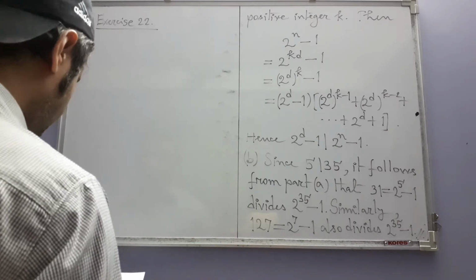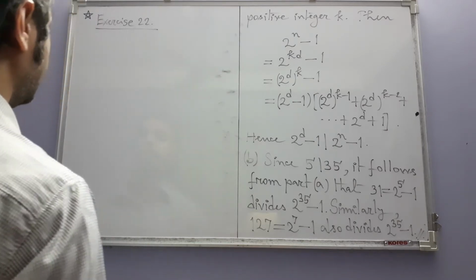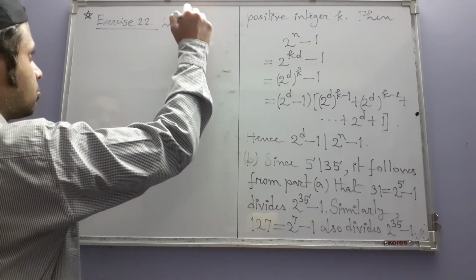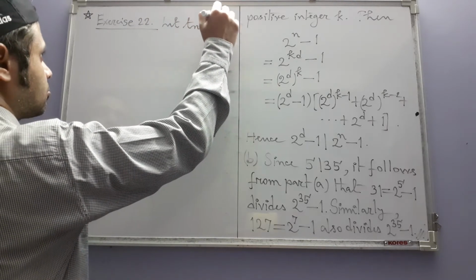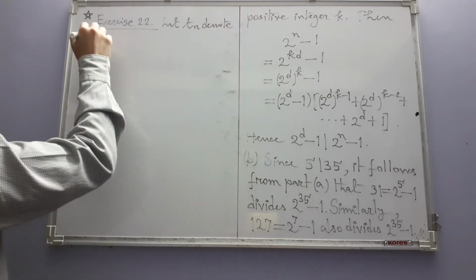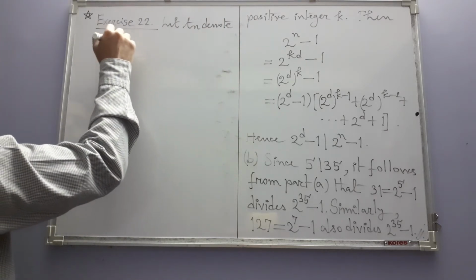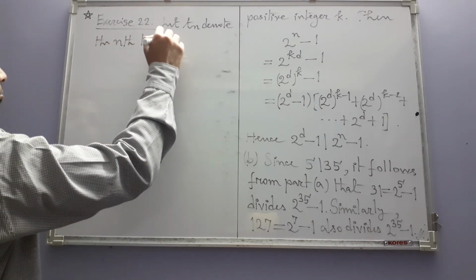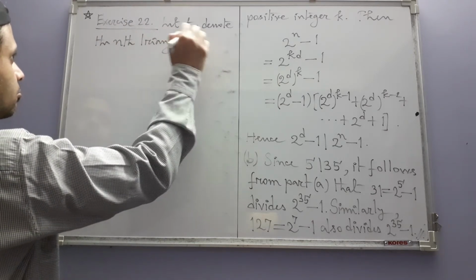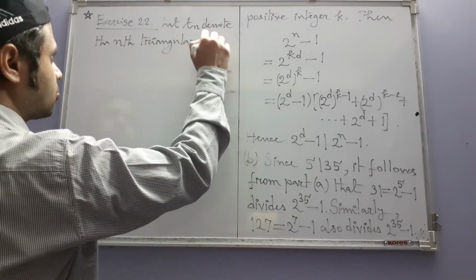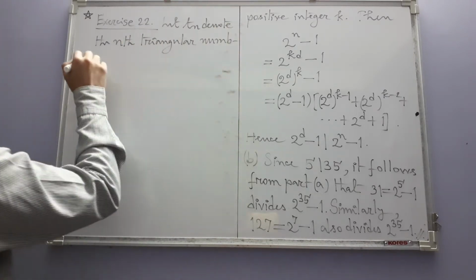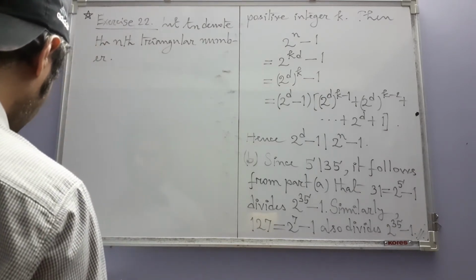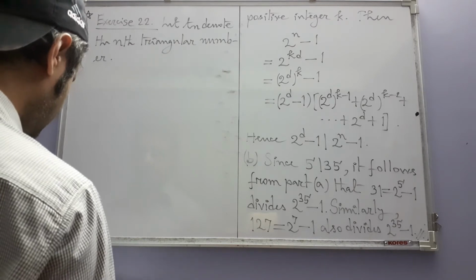Let Tn denote the nth triangular number. For what value of n does Tn divide this sum?